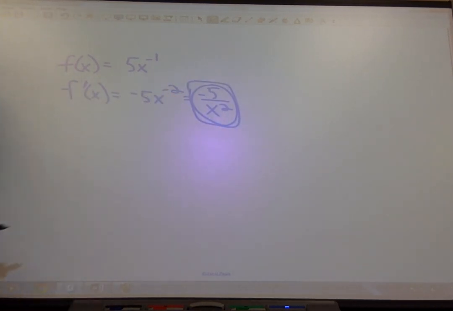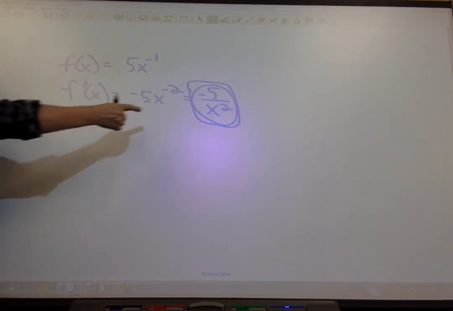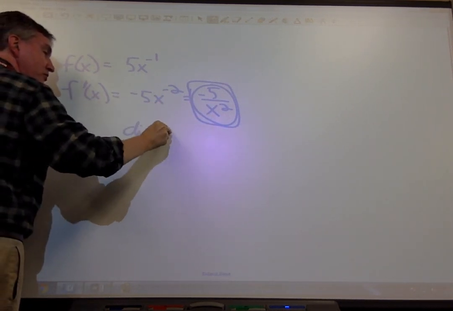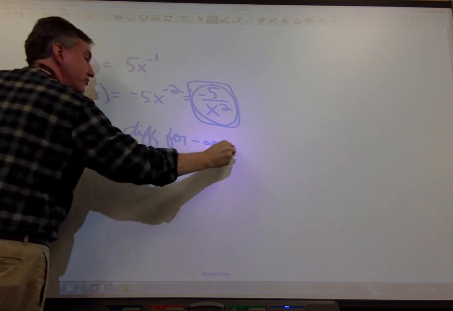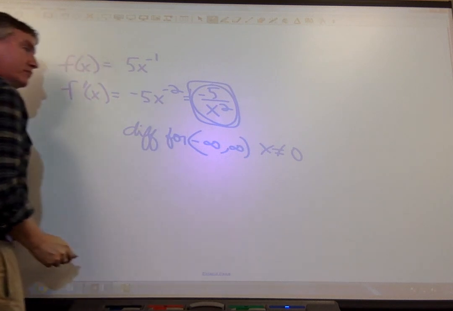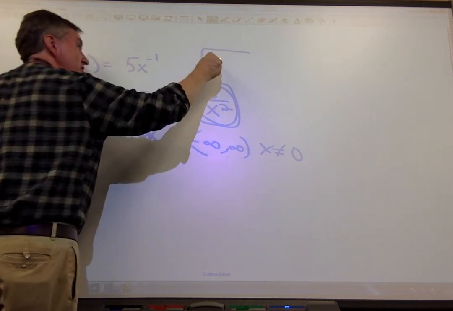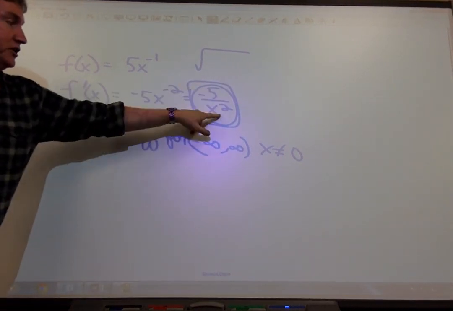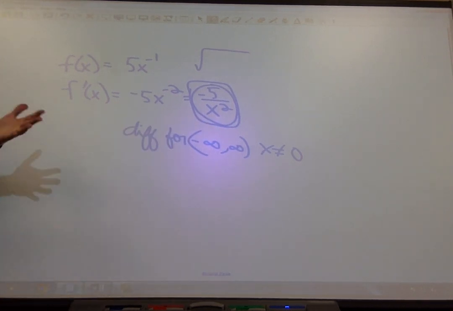What are the bad numbers and what are the good numbers? What's the only bad number for this? So you would say differentiable for all real numbers, but what? If you had a radical, you couldn't let a negative be under the radical, could you? So if I say, where is a function differentiable? Look at that and say, where is this function good? It's good everywhere except 0, everywhere except certain numbers. Okay? That always bothers people. But otherwise, this is very straightforward.